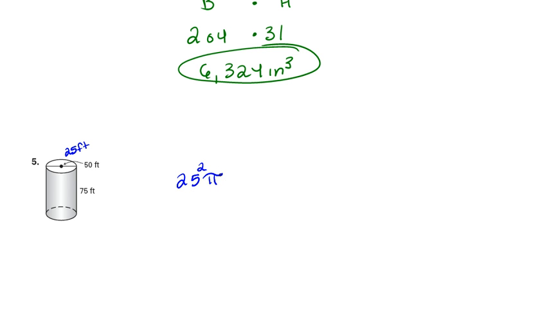That would give me my base times my height. And remember, my height is measured from base to base, so it's this distance here. So it's times 75.